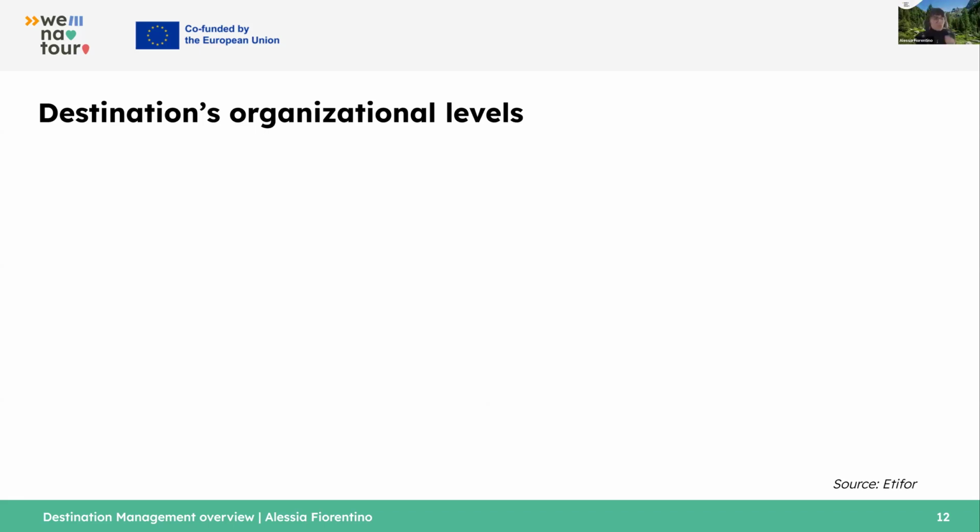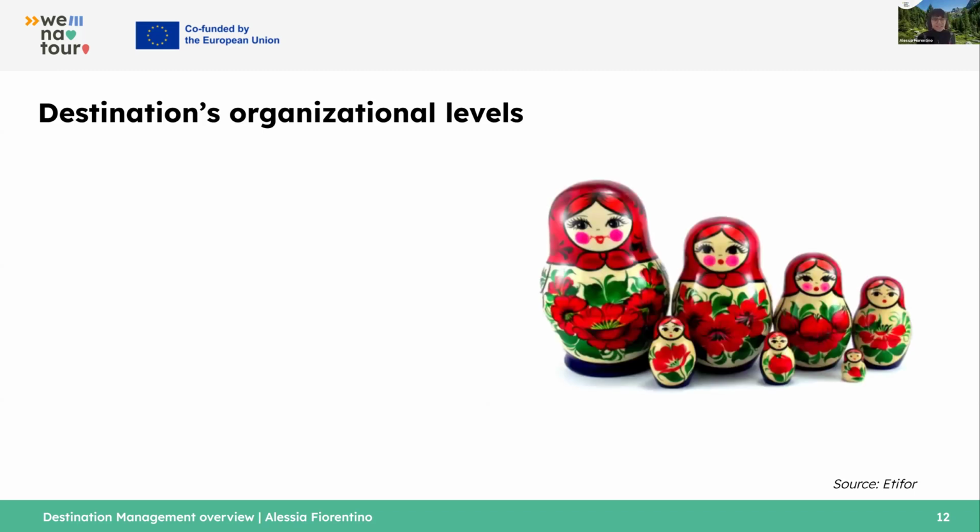When we speak to destinations and operators, and we try to explain what a destination is and what a DMO is, we like to use the image of a Russian doll. So this helps us explain the different organizational levels that are entailed in destination management.